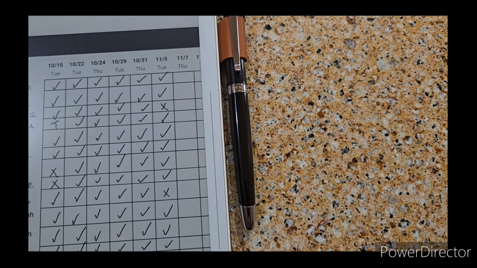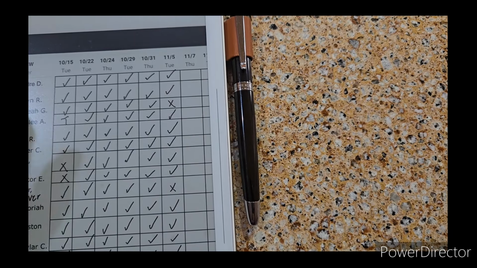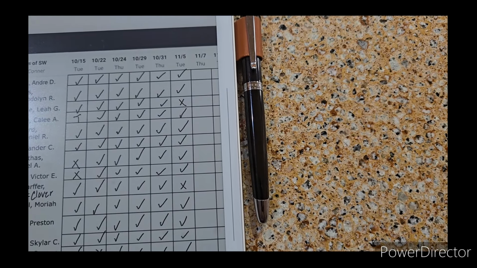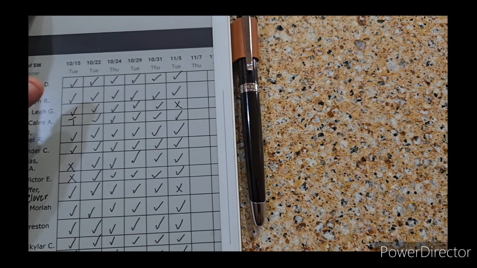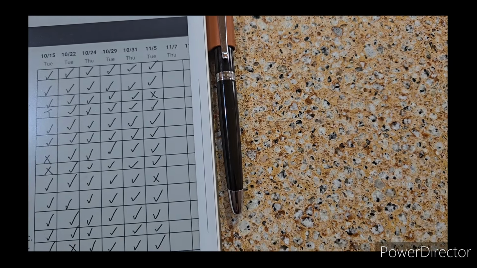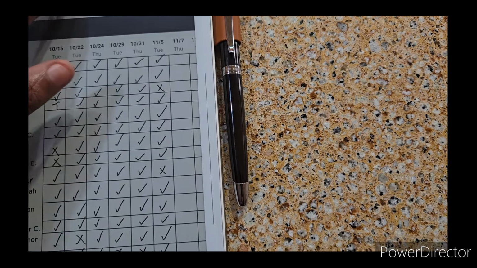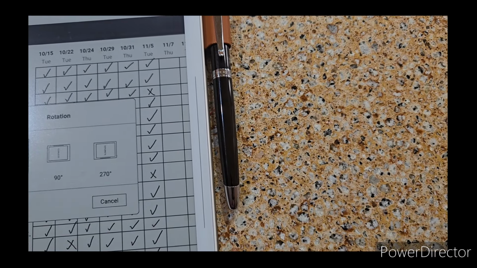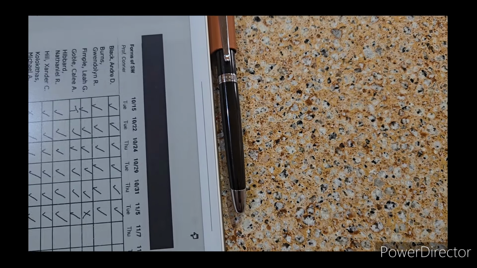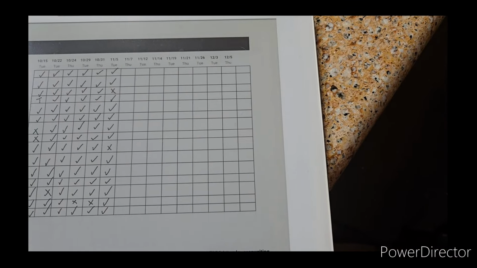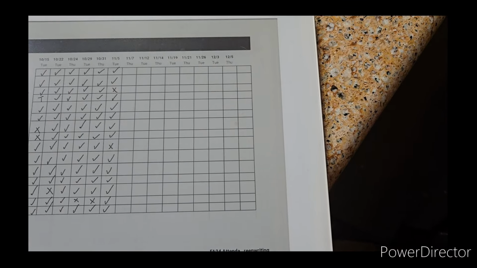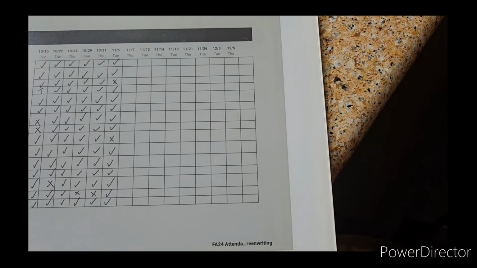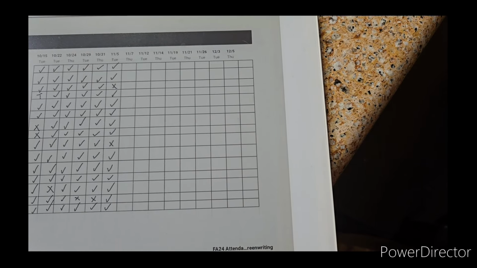And then, I typically change this to landscape format when I'm there we go. Landscape format, and I just put a check and an X to take attendance.